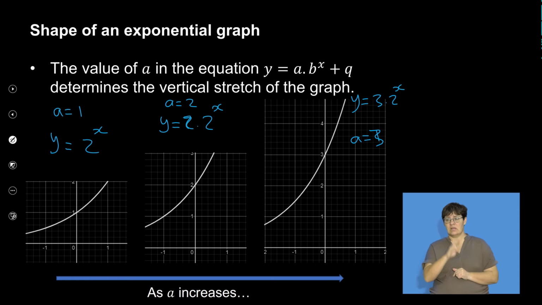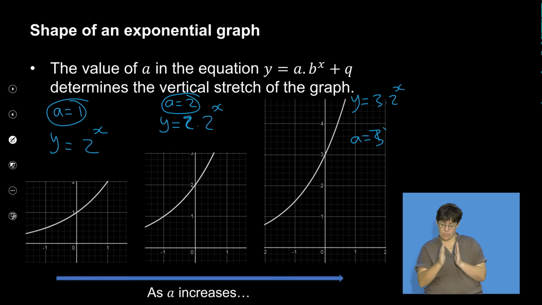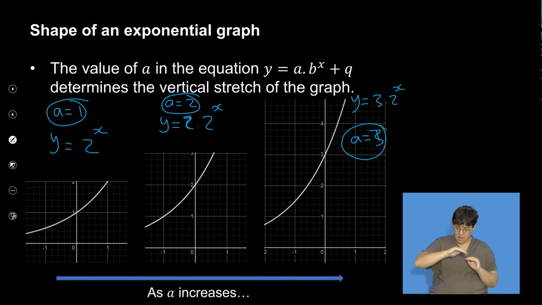Now you can see that as we moved from left to right, the value of a was increasing. And as it was increasing, the graph was stretching more, right? Stretching more meaning that it is becoming a bit steeper as the value of a is increasing. And I will be using the word steep, although it's not really a straight line, but a curve can also be a bit steep.